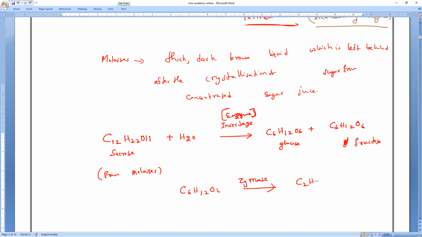So I will get C2H5OH plus carbon dioxide. This is the manufacturing process of ethanol from molasses. The raw material for production of ethanol is molasses. So please write that equation. The enzymes we are using are invertase as well as zymase.